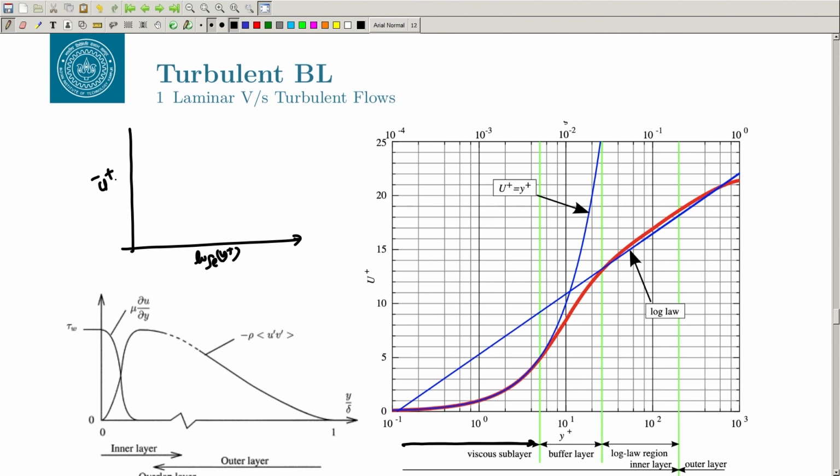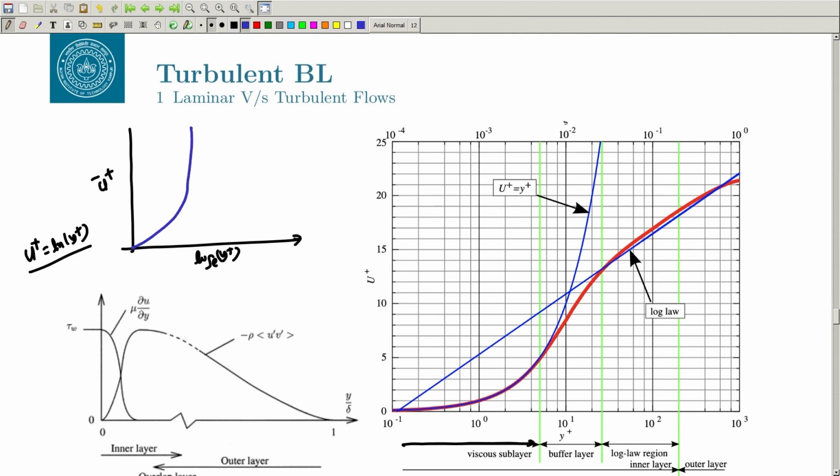Now, what is there in the viscous sublayer? U plus is equal to ln y plus, right. This is the viscous sublayer. So, how will it look in this curve? It will look like this, it will go like this.